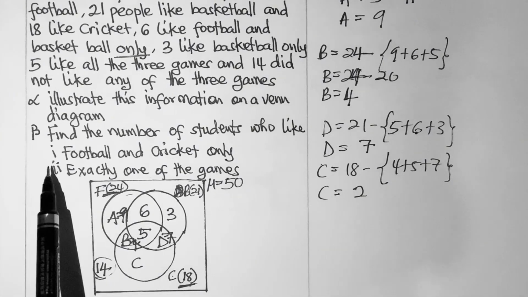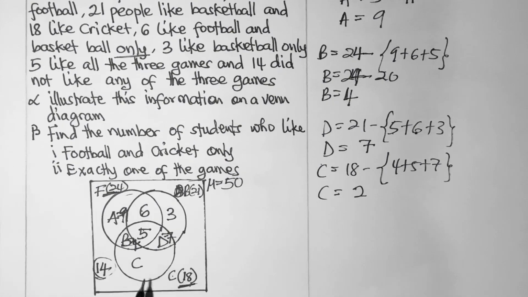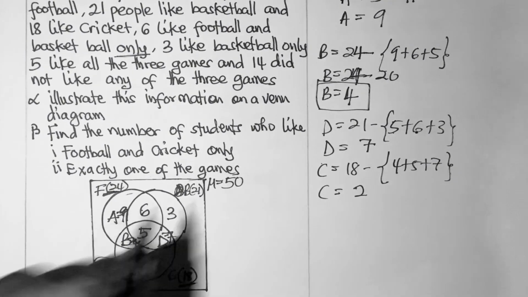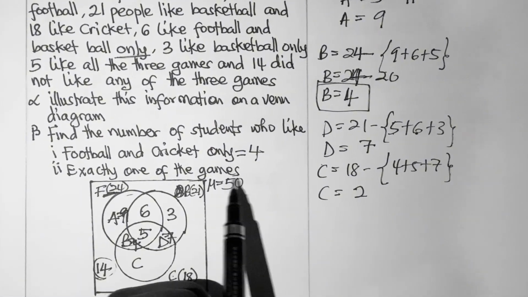Now the question says we should find football and cricket only. That is what we did. It is this B. Remember B is 4. So here's equal to 4. Then exactly one of the games.